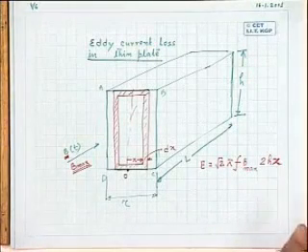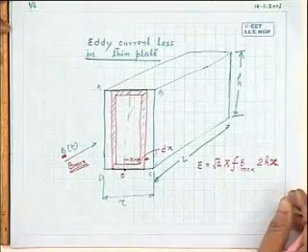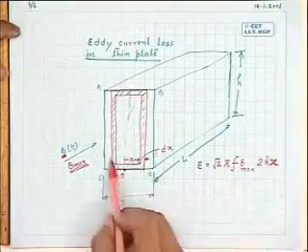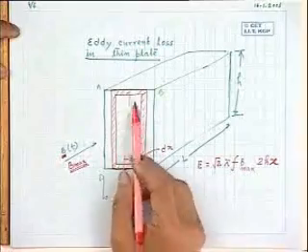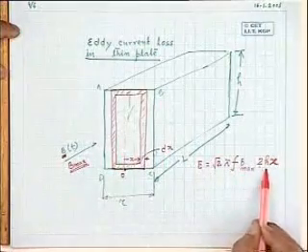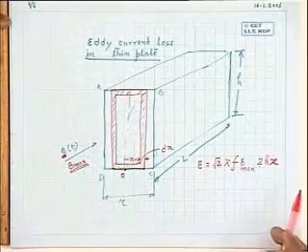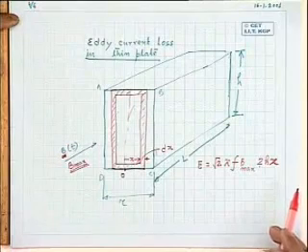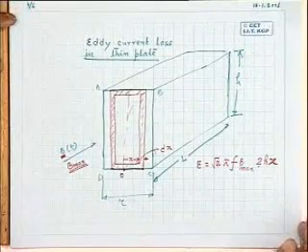Dx is sufficiently small, so the area inside this path will be very close to twice h into x. You must have that calculus background.